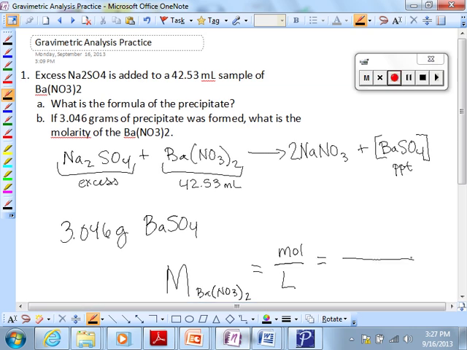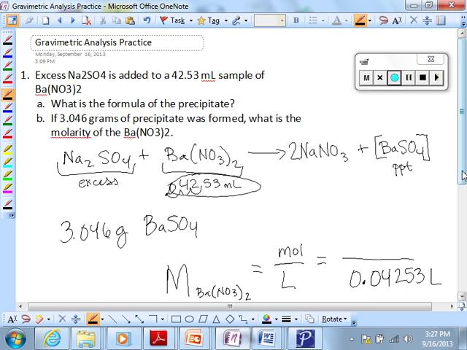We already have the liters of barium nitrate, well, in milliliter form, but we can change that very easily to liters, 0.04253 liters. By moving that decimal 1, 2, 3 places to the left, milliliters can become liters.